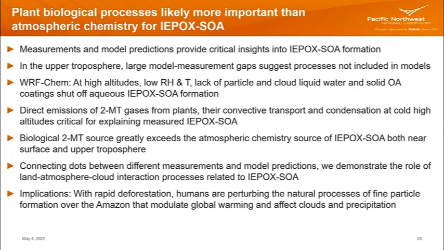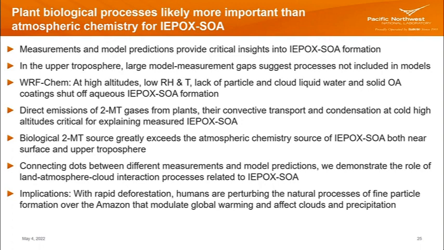But connecting the dots between different kinds of measurements, like when I could not explain it in the upper troposphere, I tried connecting the dots with other measurements which were suggesting the possibility of methyl tetral emissions in gases, and then thought about how that changes IPOX SOA formation. That showed the critical role of land atmosphere cloud interaction processes, which are not included in models.